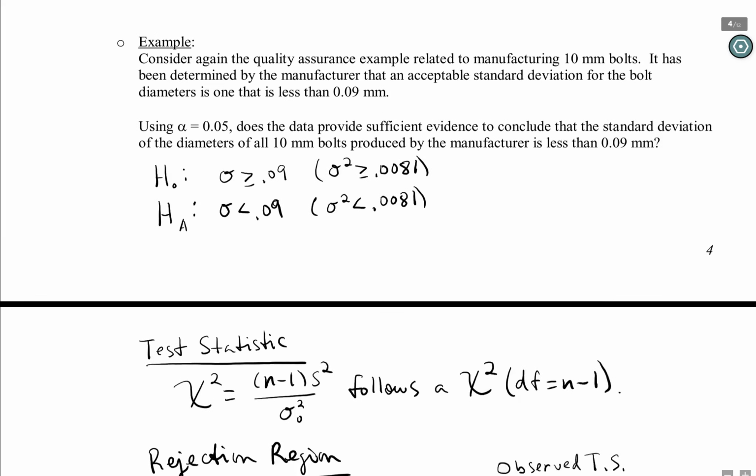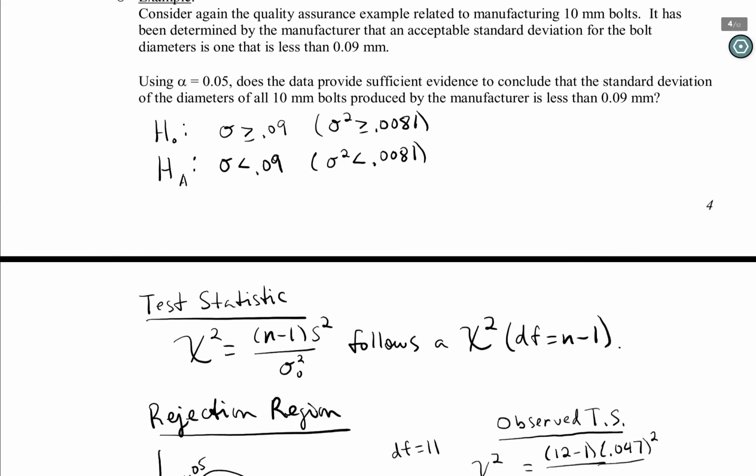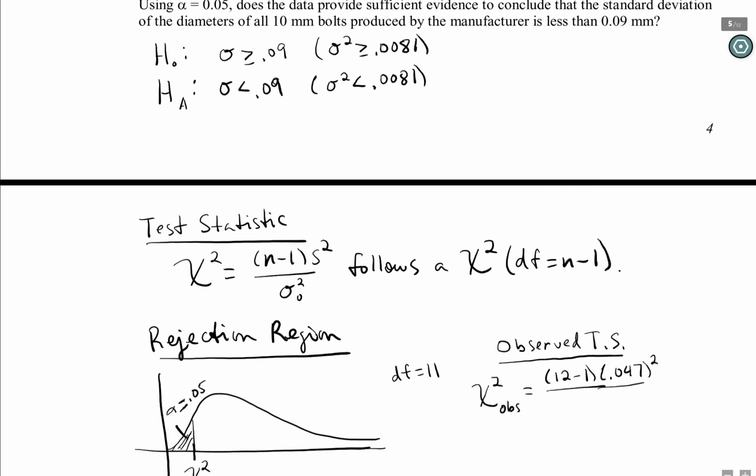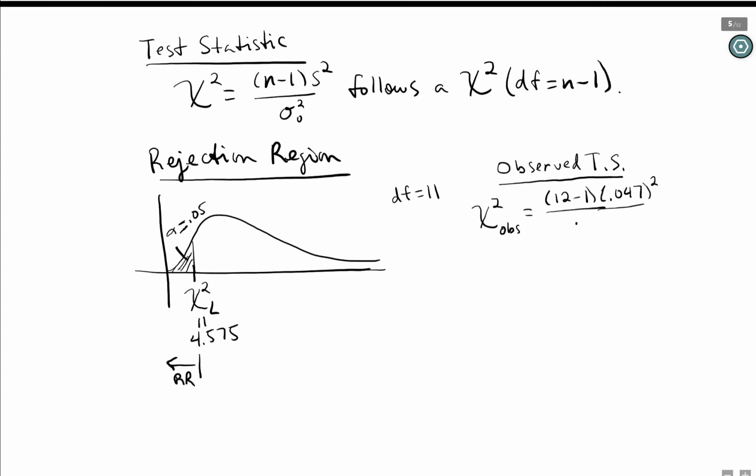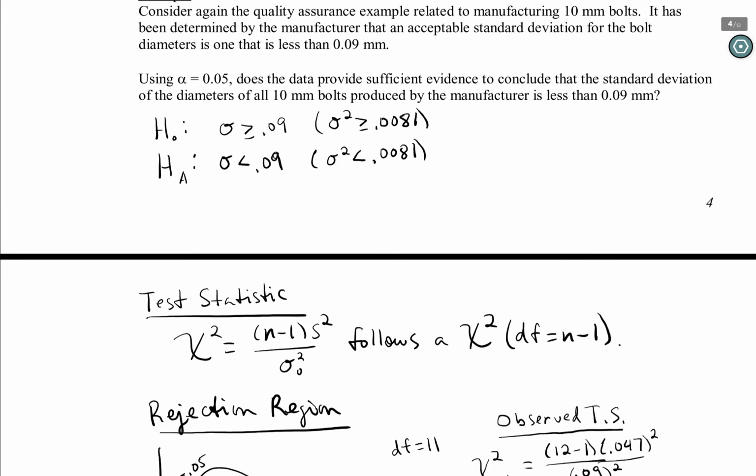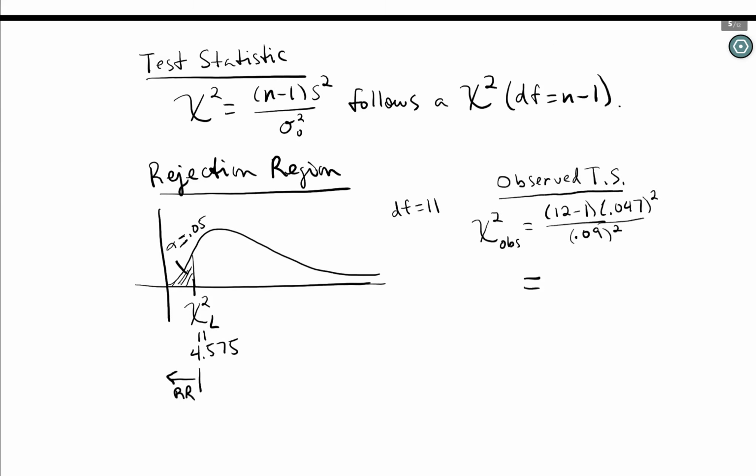Now sigma naught squared in this case is, you could write 0.09 squared, or you could write 0.0081. I'm going to write 0.09 squared in there. But that's the value of sigma under the null, or in this case really at the threshold of the null hypothesis.